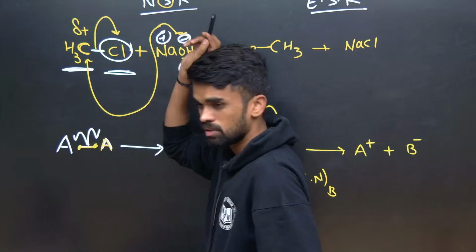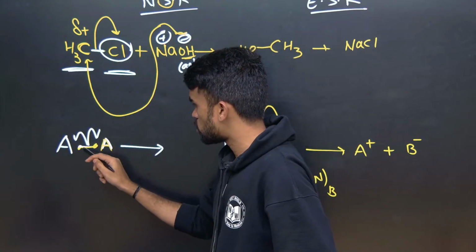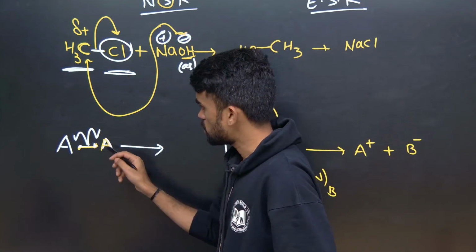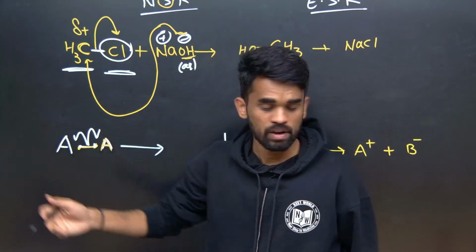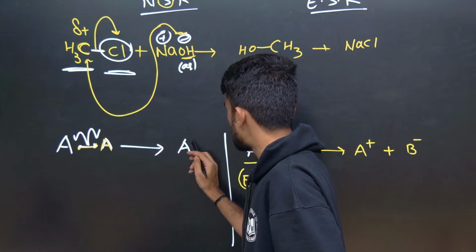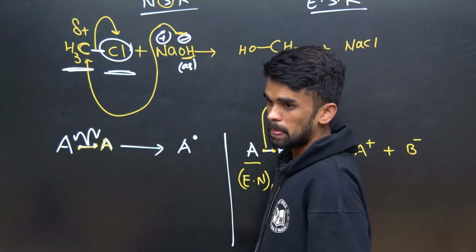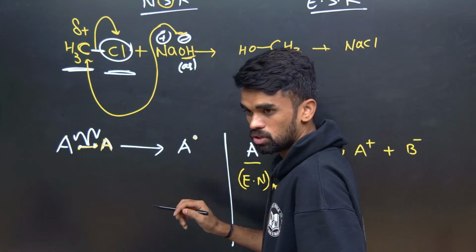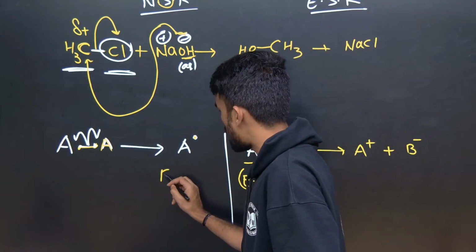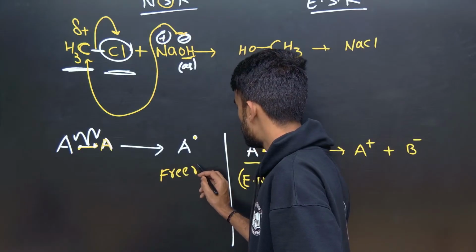One bond contains how many electrons? Two electrons. Each atom will take its own electron towards itself and form A with a dot. If an atom contains one odd electron, we call it a free radical.